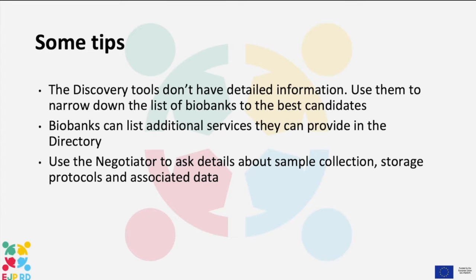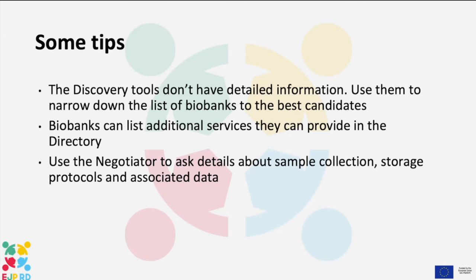So if you require more assistance than just acquiring some samples and data, that is something that's useful to have a look at. And then use the negotiator to ask all the details that are not available in the discovery tools.